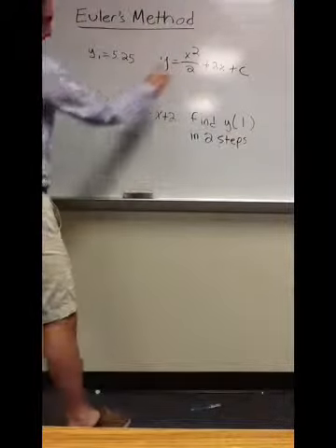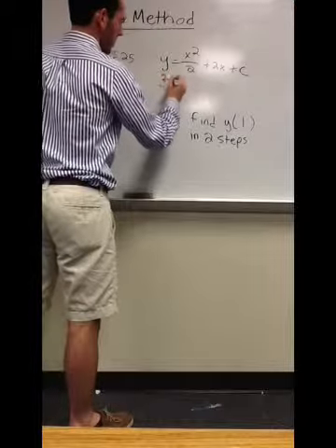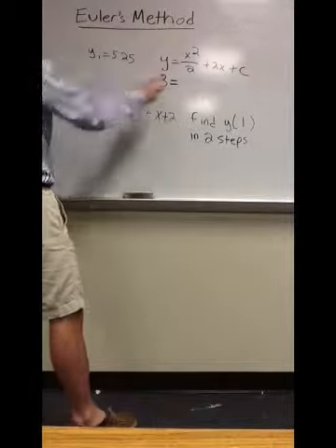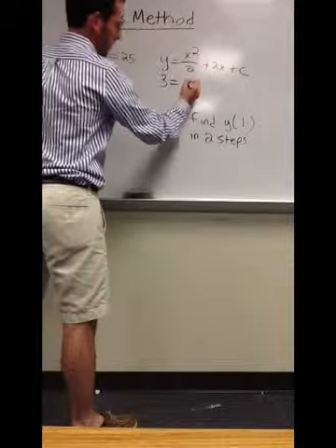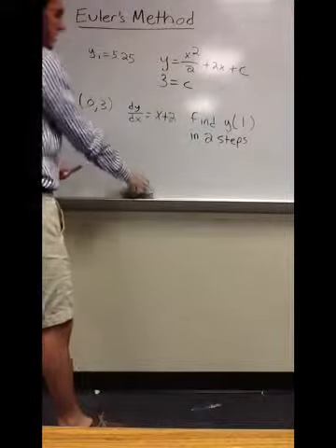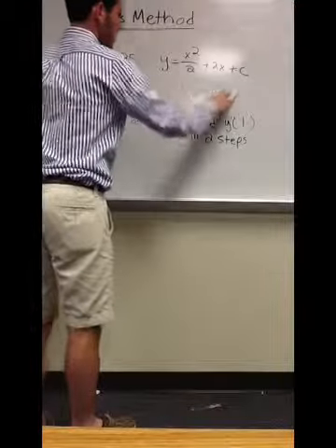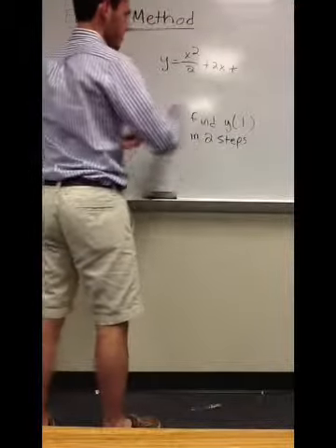When we plug in our ordered pair, which is also our initial condition, we get 3 equals, x of 0 is just 0, 2x is 0, so our c is equal to 3. So we can change this to 3.